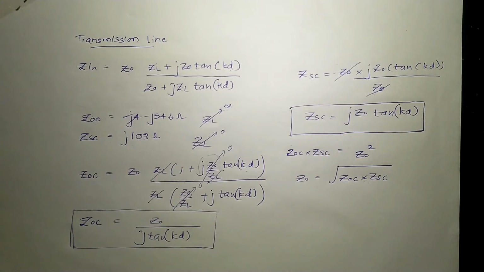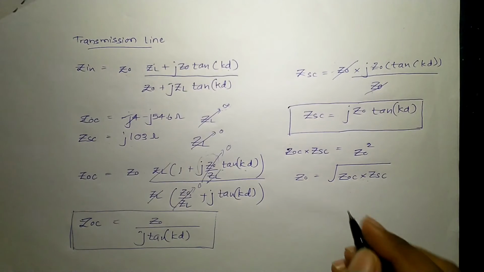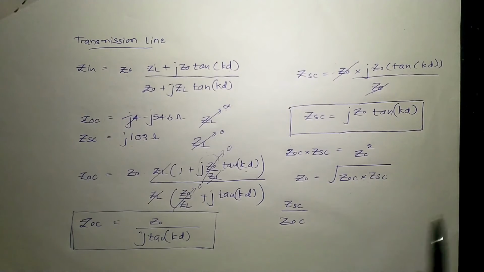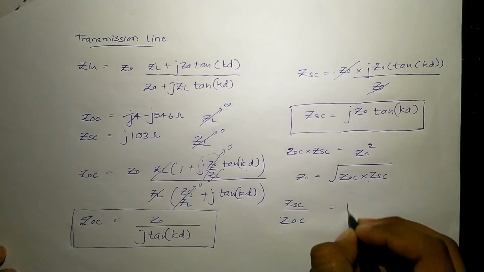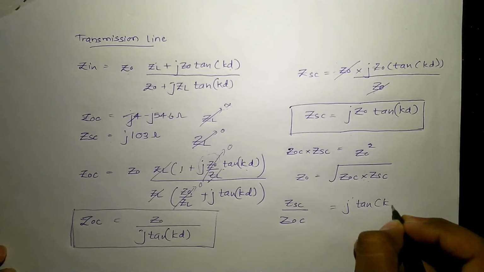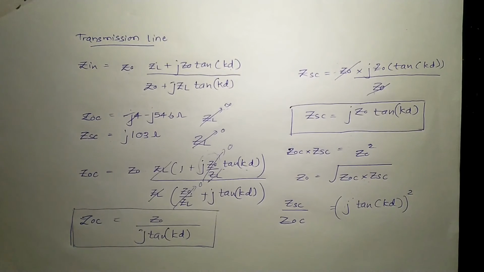Thereafter, we need to get the value of K. The value of K can be found by dividing this equation by this equation. So let's write ZSC over ZOC. Here the Z0 is cancelled out. Therefore what remains is (j tan KD) all squared.